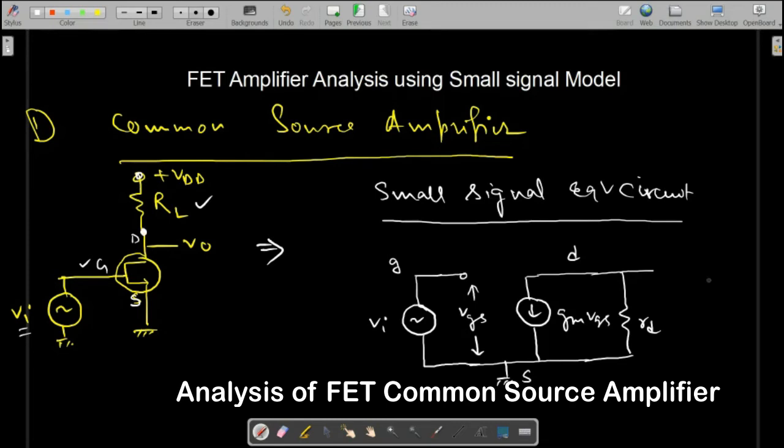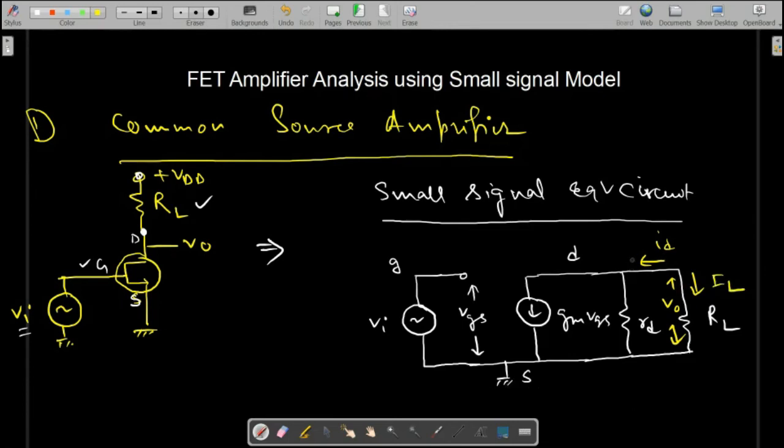Drain and VDD will be grounded. And we are taking the output voltage across RL, that is V0. So the model is exactly the same. The process is exactly the same. And this current is ID, and this current is IL. Okay. So this is the small signal model, and using this model we have to calculate other parameters such as the voltage gain and output resistance.